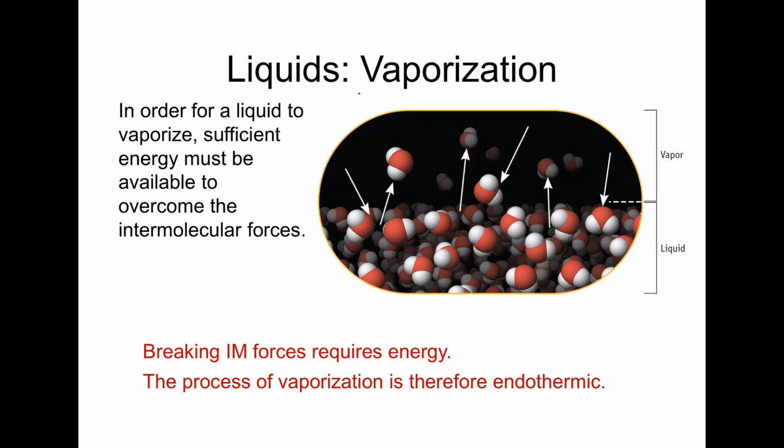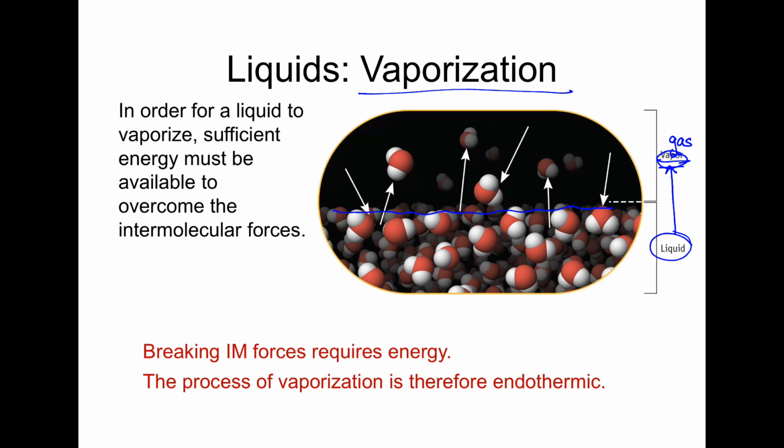review what vaporization means. So vaporization is the phase change between the liquid state and a gas state. Now, we're not calling it a gas right now, we're calling it a vapor, because a gas is usually just in the gaseous state. A vapor is a gas that is in equilibrium with its liquid.